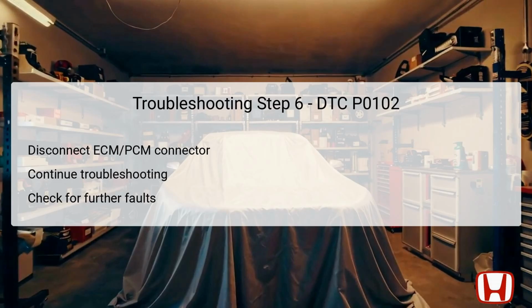By disconnecting this connector, it allows for inspection and testing of the ECM or its connections to ensure they are functioning correctly. This step checks for any potential faults, such as corrosion or loose wiring, which might affect the communication between the ECM and the sensors. This approach ensures that all possible sources of the DTC P0102 are assessed effectively.